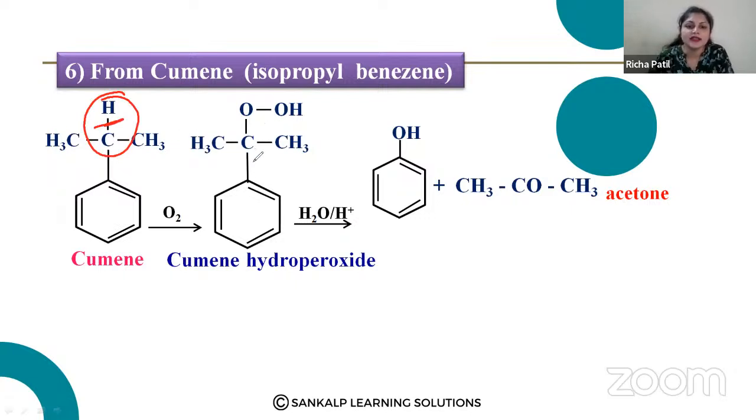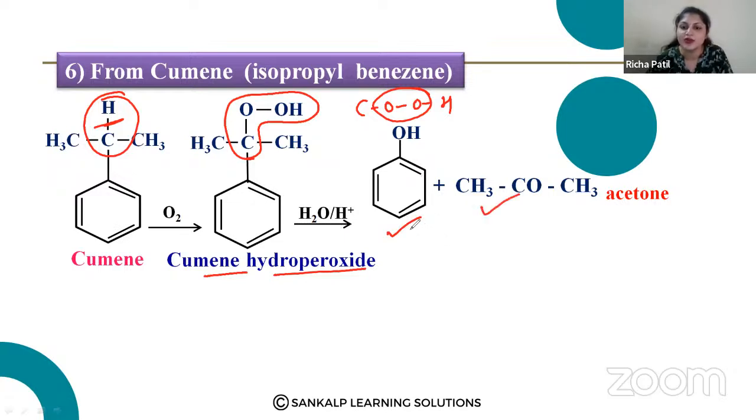Okay, so what you get is a peroxy group, COOH. So this is a peroxy linkage, right? So it is named cumene hydroperoxide, which on further hydrolysis yields phenol and acetone as a side product. So you have to remember both the products.